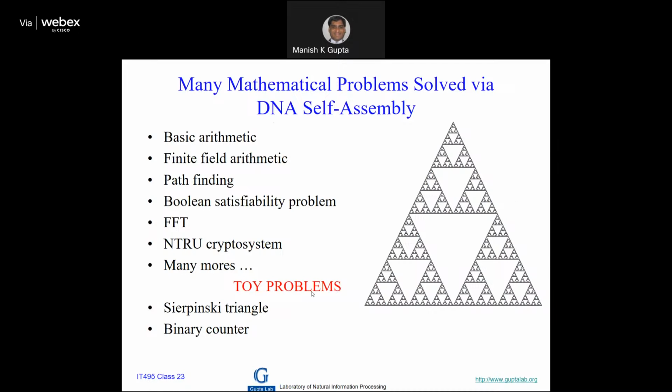That is also done. Boolean satisfiability problem. Fast Fourier transform, people have done it. NTRU crypto system. What is the full form of NTRU? I think I have not covered NTRU, but it is number theory ring universe. It's one of the popular candidates for post-quantum cryptography. And many more.